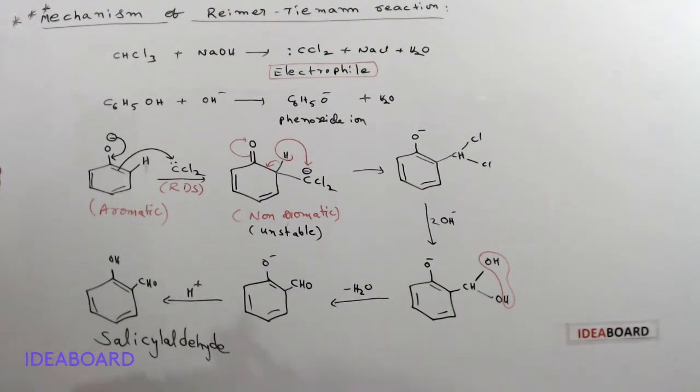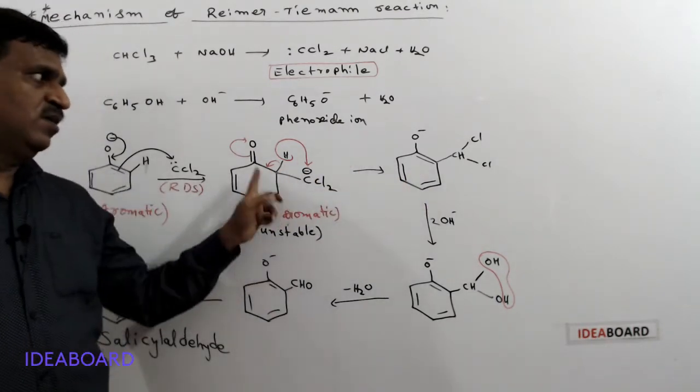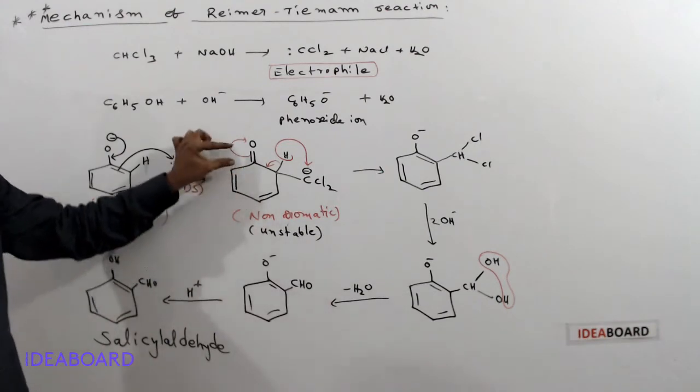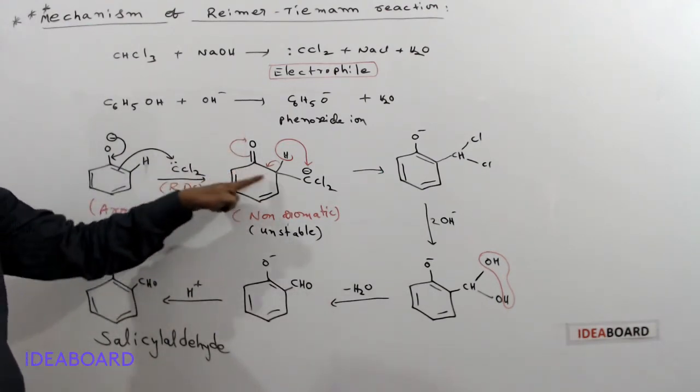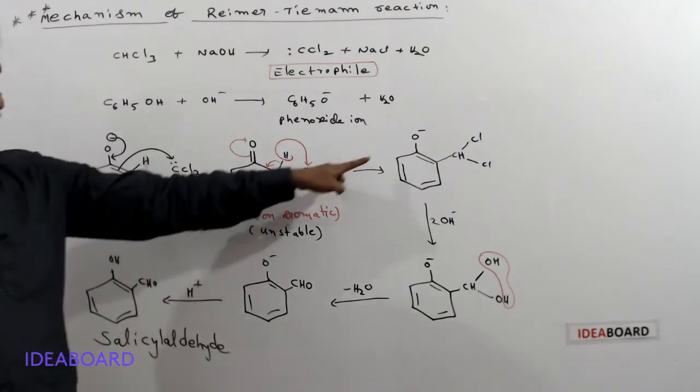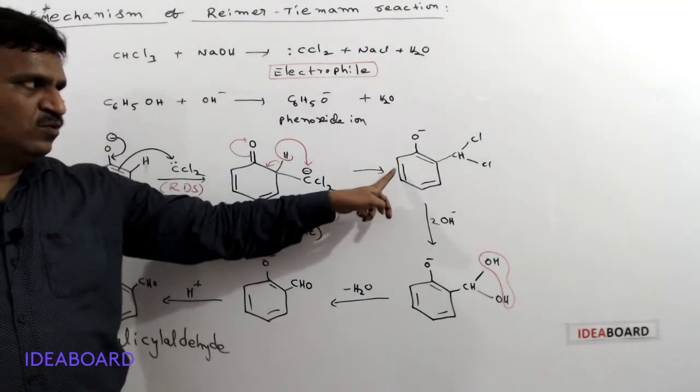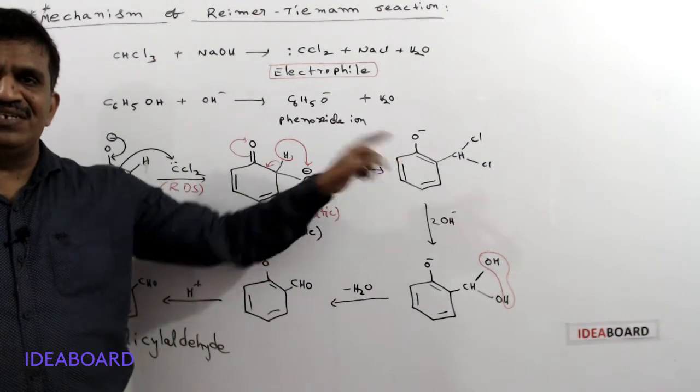So please remember the intermediates formed also. Which of the following intermediates is possible? They are asking a question. Which of the following intermediates is not possible? They gave these two options. Please remember, if you have a double bond O, we are not having complete pi bonds in the benzene ring. If you have single bond O minus, we have complete pi bonds in the benzene ring.